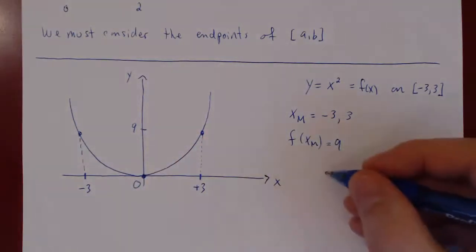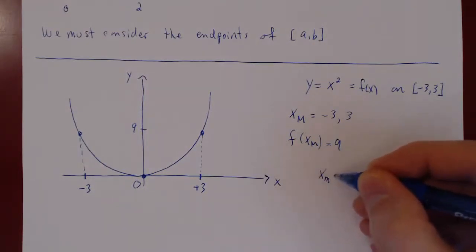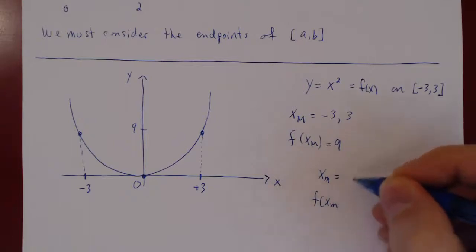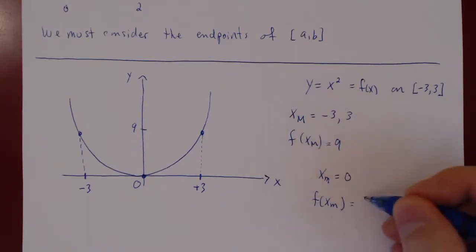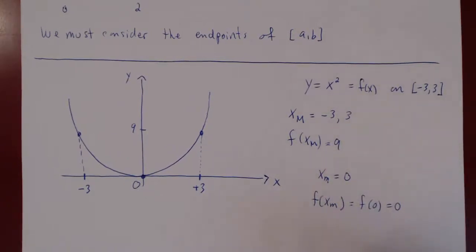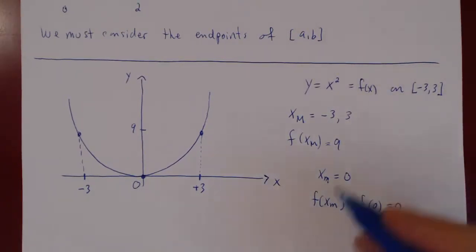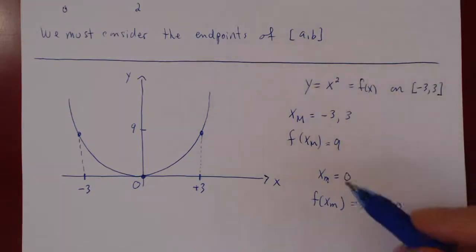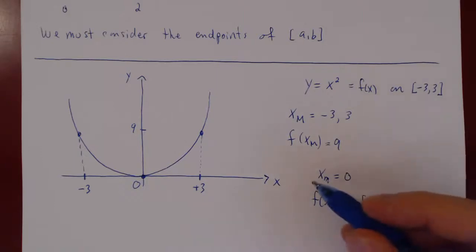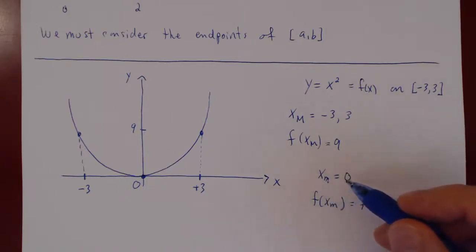What is interesting now is the location of the absolute minimum, which clearly is at x equals 0. So our absolute minimum value is f of 0, which is 0. And if you notice, the function x squared attained its minimum value of 0 at the point x equals 0.